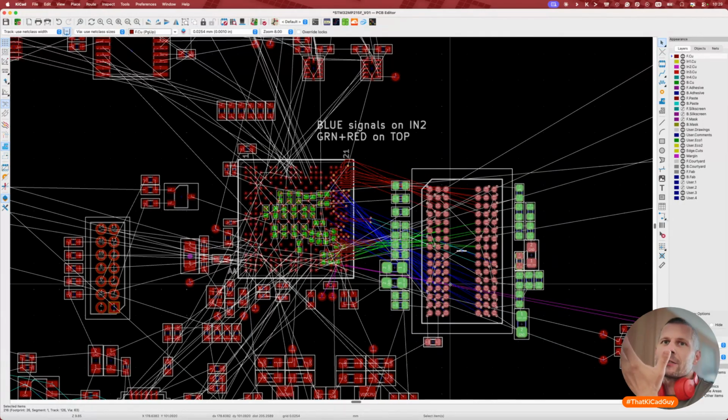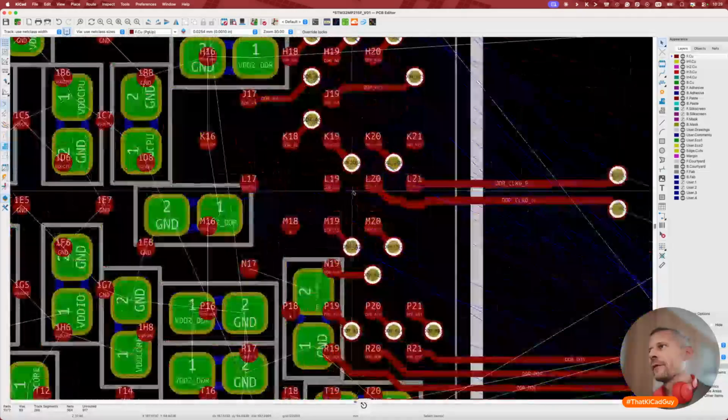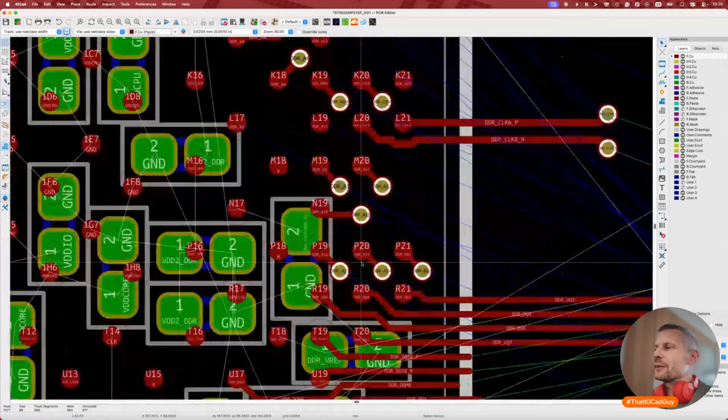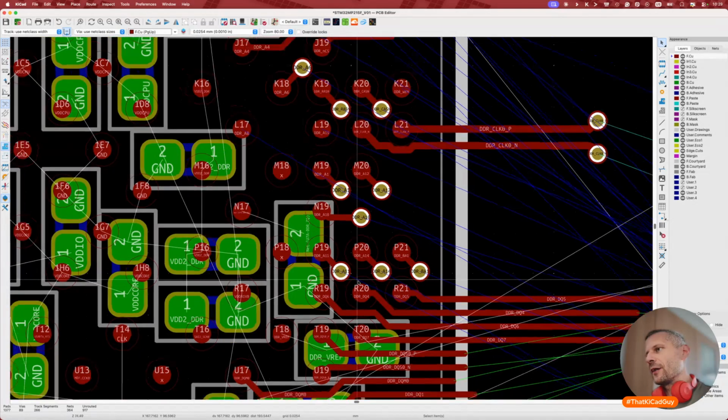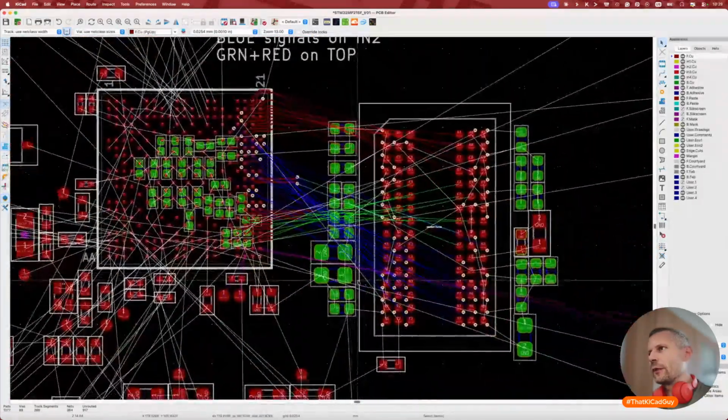Yeah, there is no rotation where I can avoid the net crossing. Net crossings are natural, present in every single design. But the issue is that the BGA is so fine pitch that I can't route the tracks in between pads, and there are a lot of vias, etc., etc. I need to find a way.